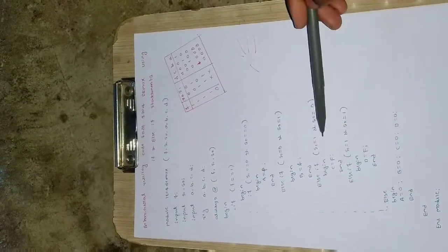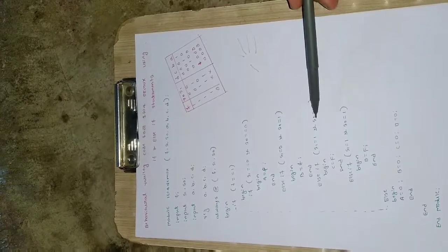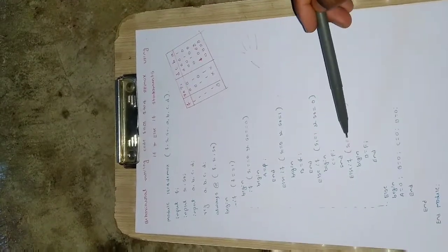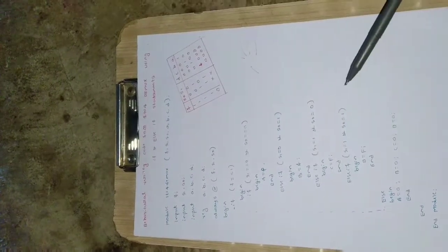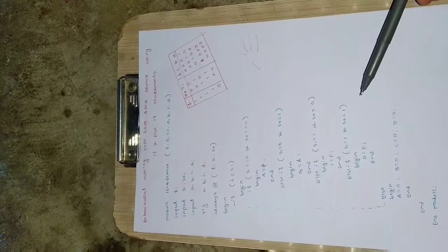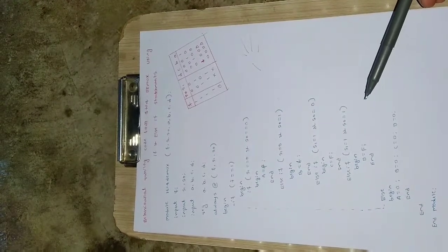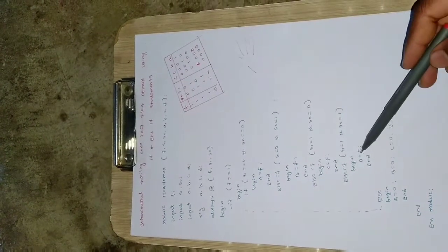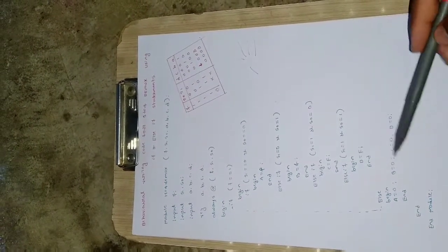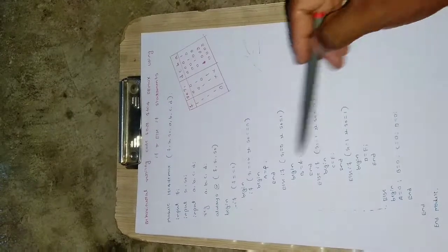Otherwise else if the 1 0 condition is there, at that moment c will be assigned with f. Else if both s0 and s1 are high, that is the 1 1 condition, at that moment the output will be assigned to d. So the d bit will be high, so d is equal to f. Okay, so this will be happening if f is equal to 1.